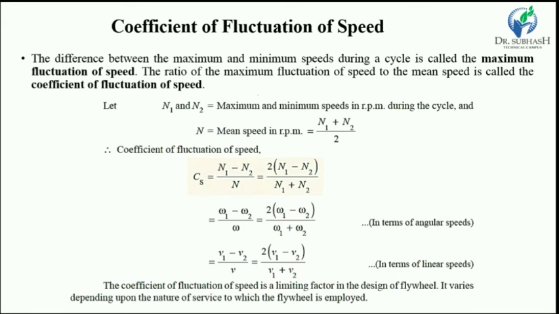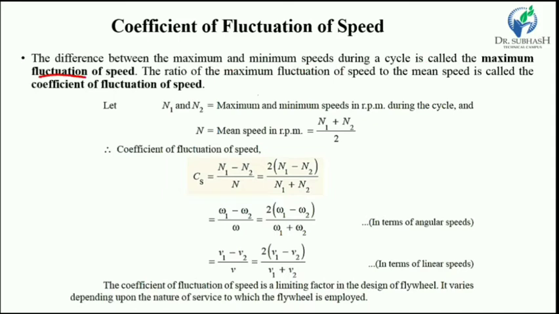Now the next term is the coefficient of fluctuation of speed. For that we first see what the maximum fluctuation of speed is. The maximum fluctuation of speed is the difference between the maximum and minimum speed during the cycle.